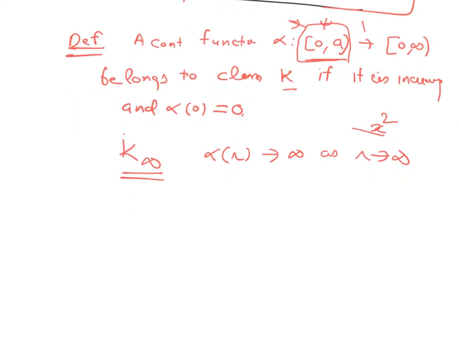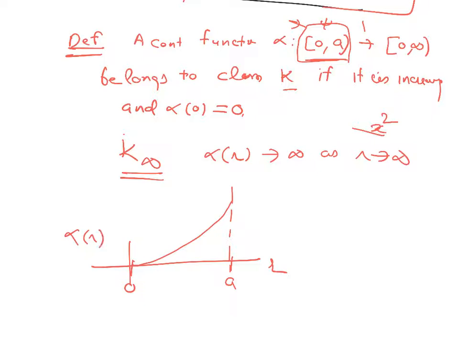If we draw some pictures here, right? A class K function can be, let's say, 0 to a. So something like that. So this is r. So basically we are finding alpha of r. Increasing does not mean that it always has to be monotonically increasing, meaning as soon as you increase x, it increases.